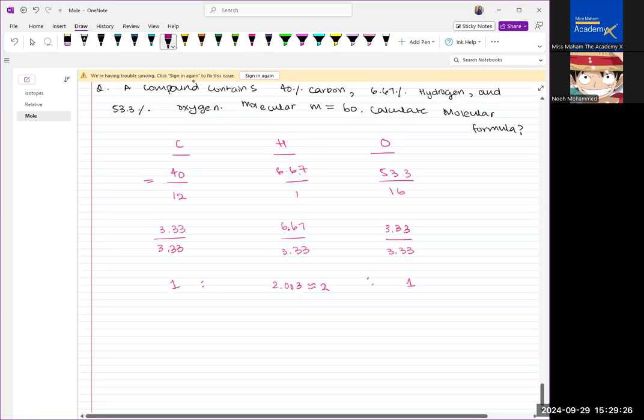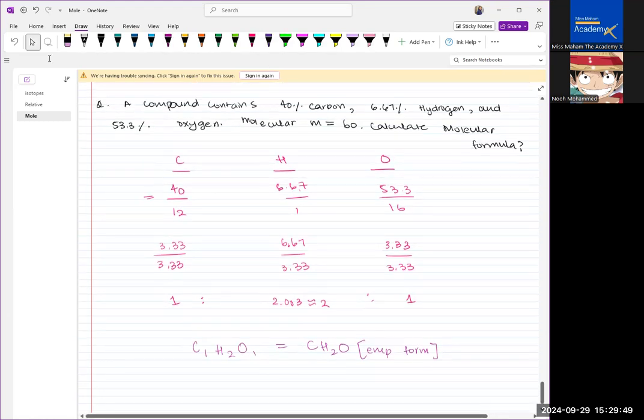So what's the simplest ratio that we have here? C1, H2, O1, right? So CH2O, this is our empirical formula. We need to find out the molecular formula. So how do we find the molecular formula? Empirical formula times n, and we find n as molecular formula mass over empirical formula mass. Molecular formula mass has been given to us as 60.